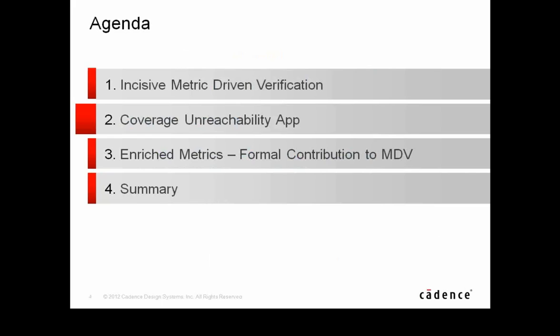For code coverage, we have the coverage unreachability app. This is similar to what Mark and other people talked about today, and this is how formal can help in achieving code coverage closure in the verification cycle.